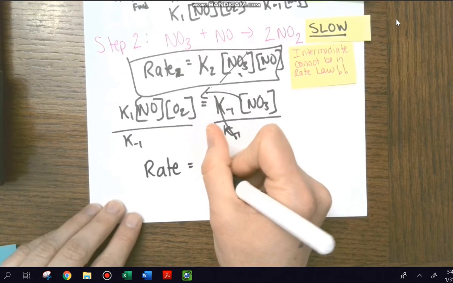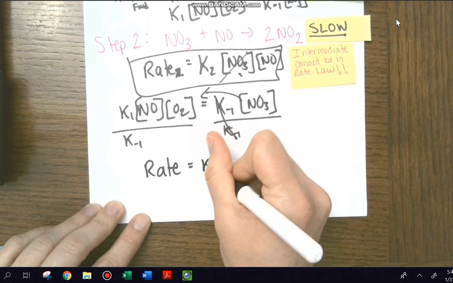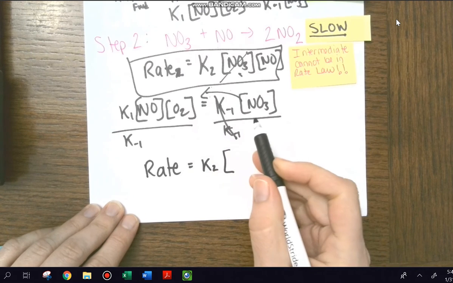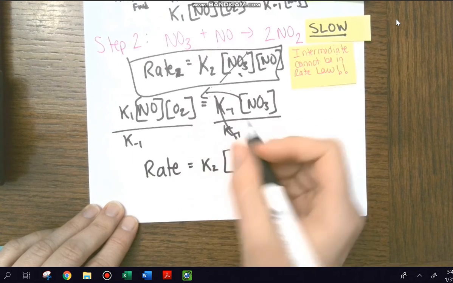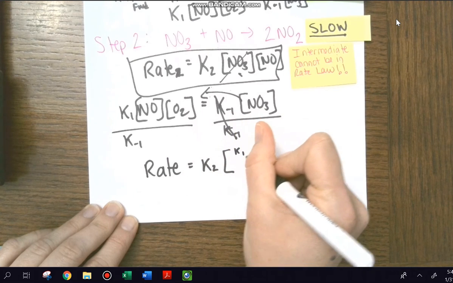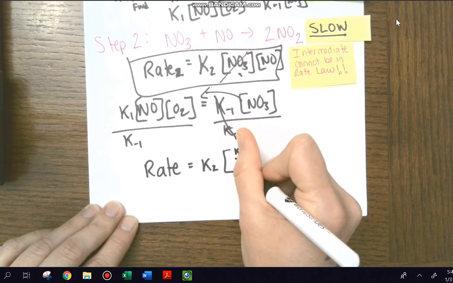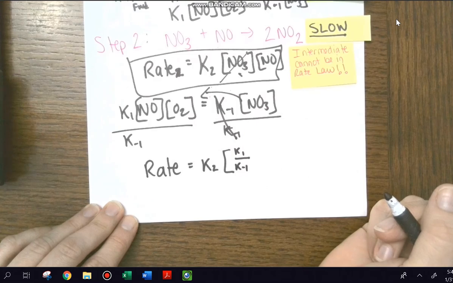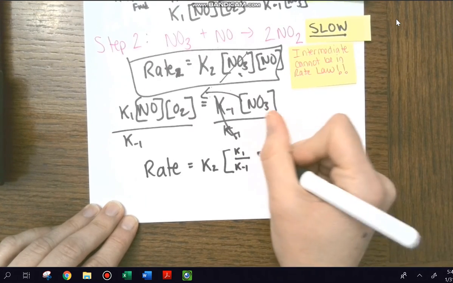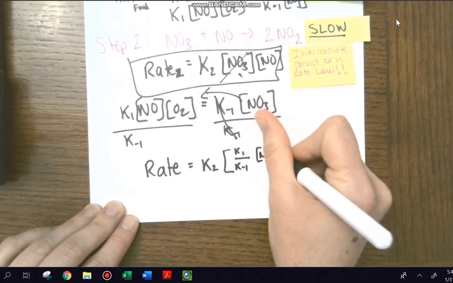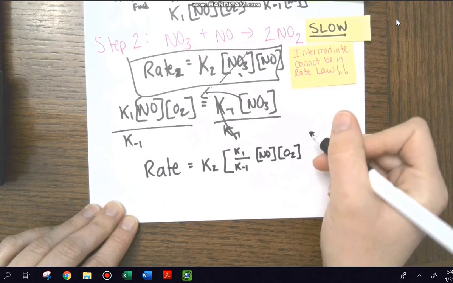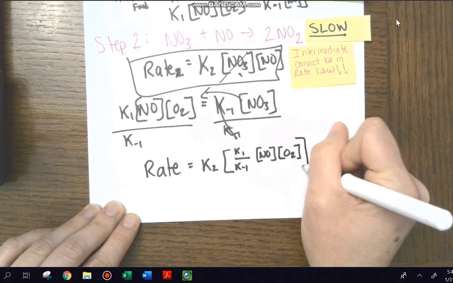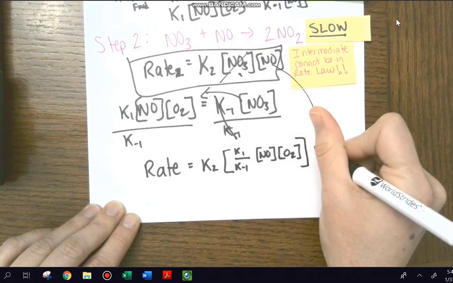Okay, so my rate law is equal to K2 multiplied by that whole big thing, which is K1 over K negative 1 times the NO, the O2 concentrations, and then I just fill back my NO right there.